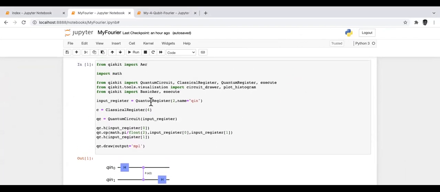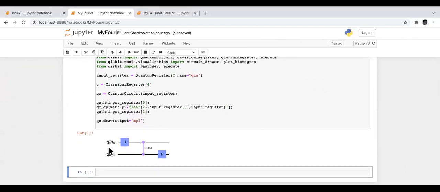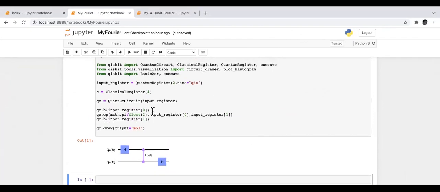You create a quantum register with two qubits, qubit 0 and qubit 1, and then we apply the Hadamard operation to the 0th qubit, which is this one here, and then we apply the controlled phase rotation on both 0 and 1.